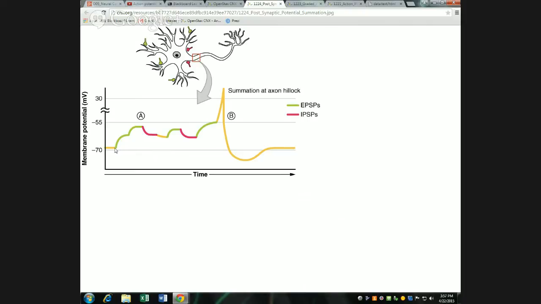If there's a depolarizing graded potential, that'll bring the membrane potential up, but this one isn't enough to reach threshold. We have a second one that adds to that, we'll get up a little bit closer. We have a third one that's a hyperpolarizing potential, then it goes down.